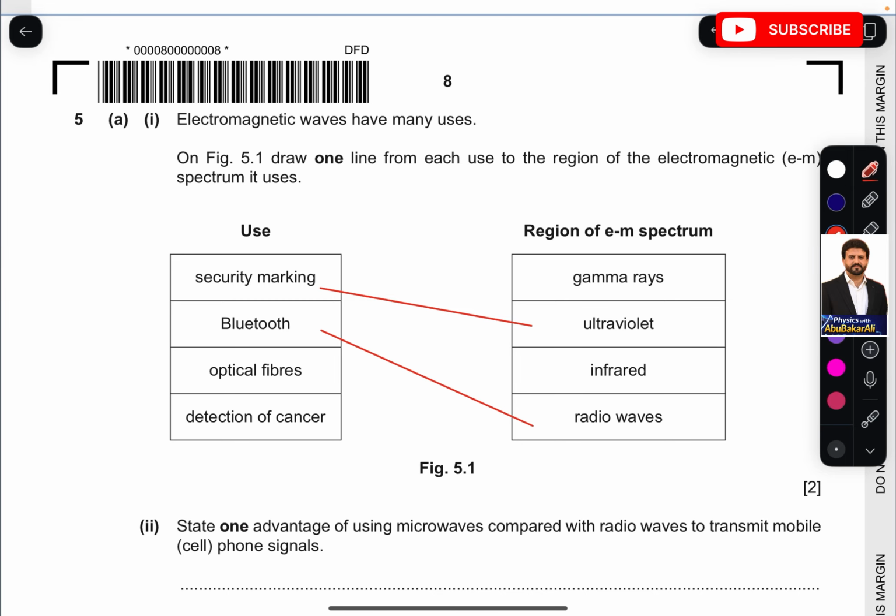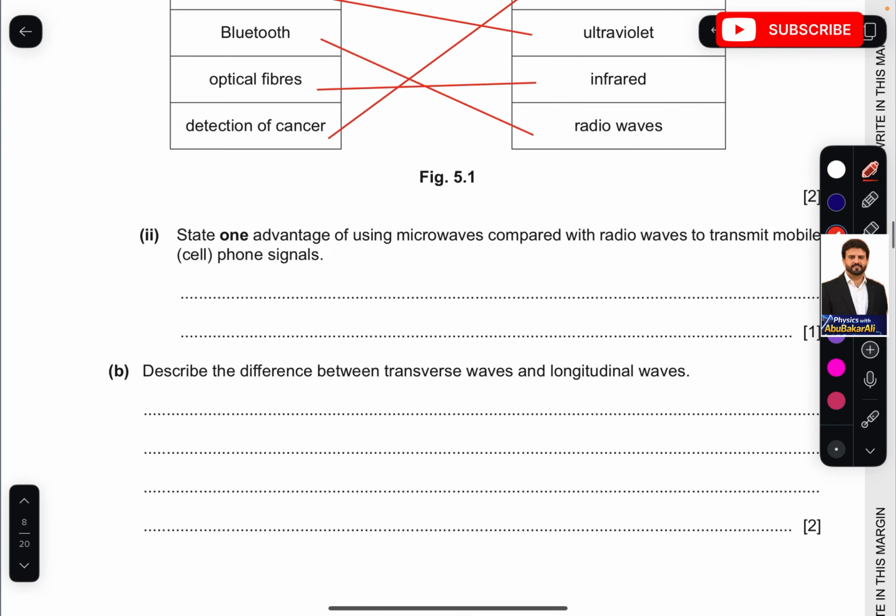These are things that you just have to memorize. For optical fiber, we use IR and visible light. For detection of cancer, you use gamma rays. Gamma rays are also used for the cure of cancer, and they can also cause cancer as well. So you have to keep in mind these things.